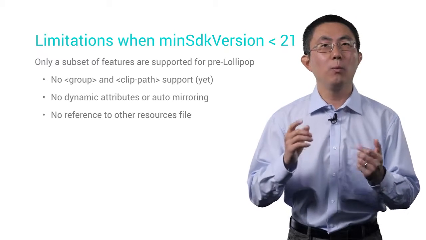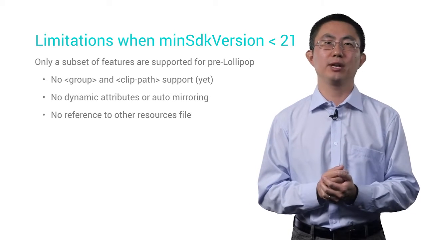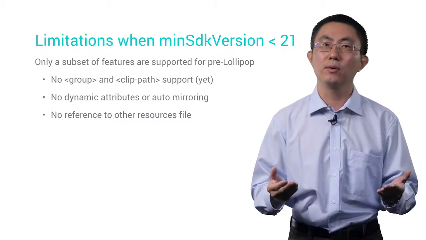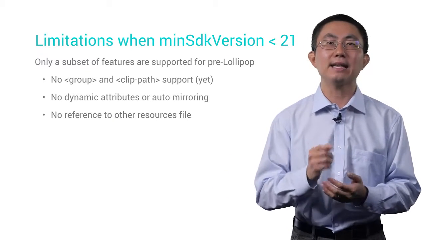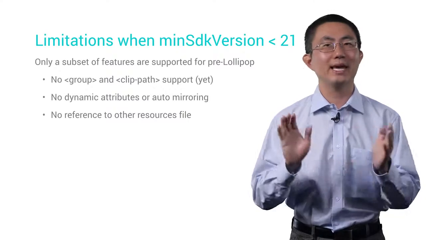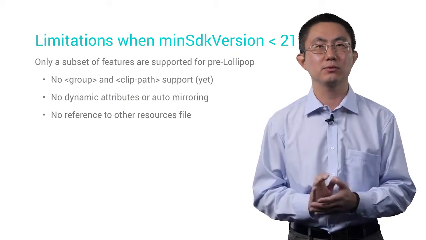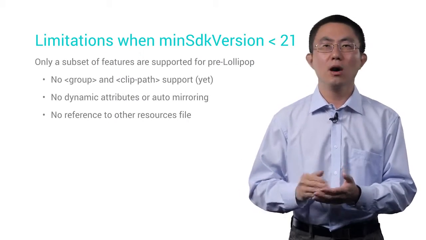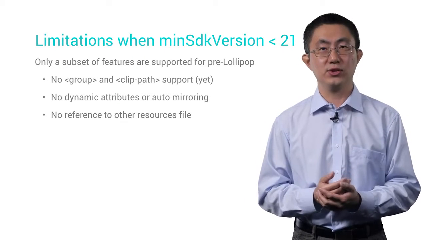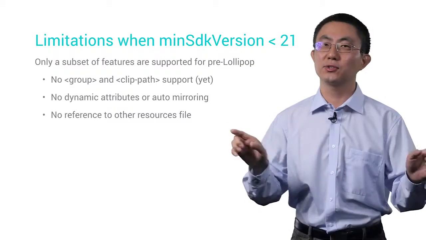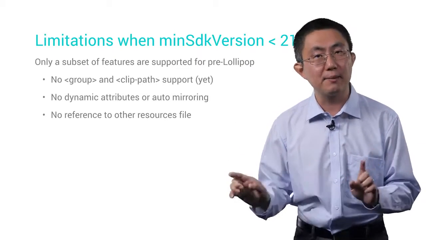Given we can only have one static PNG file generated to replace VectorDrawable in older Android versions, that also means in the XML file of VectorDrawable we cannot support dynamic attributes, such as theming or auto-mirroring. And for performance concerns, we don't support resource references to other XML files.